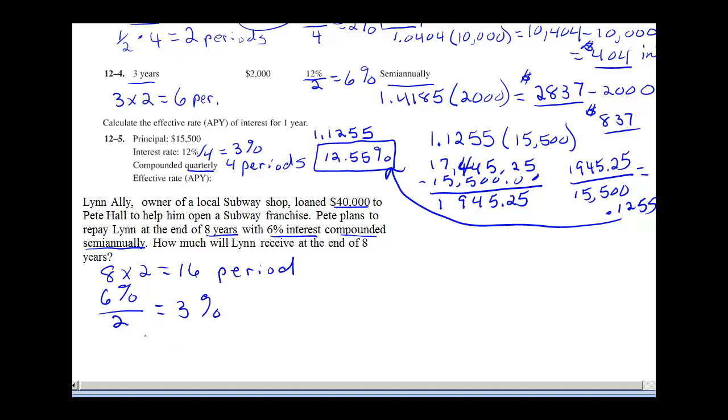So if we go to the table and look up 16 periods and 3%, you will find that the factor from the table is 1.6047, times the 40,000 that he borrowed. And you will find out in the end he's going to have to pay back $64,188.